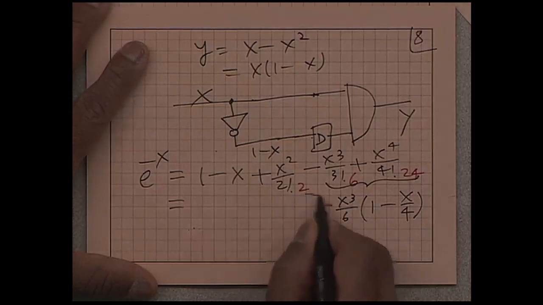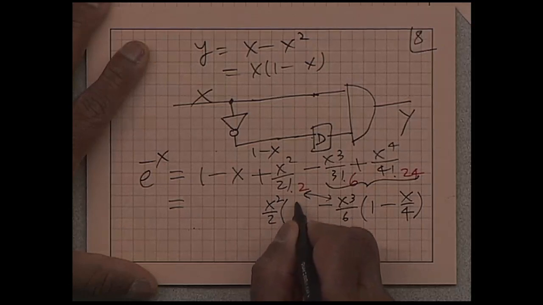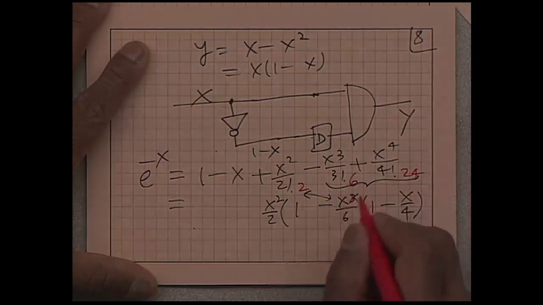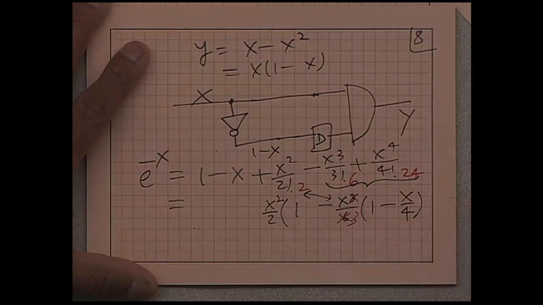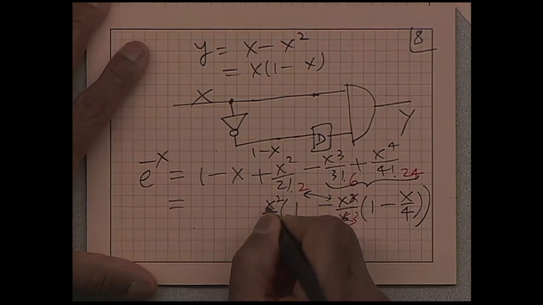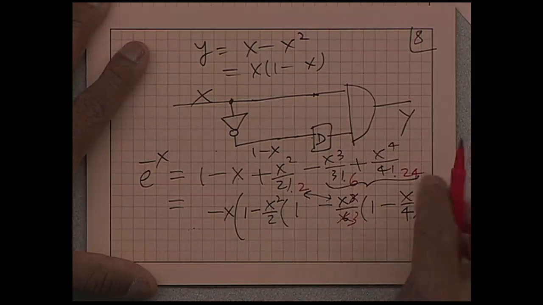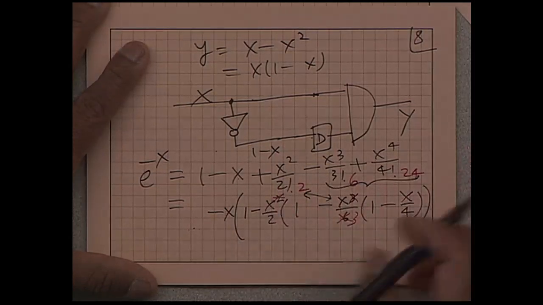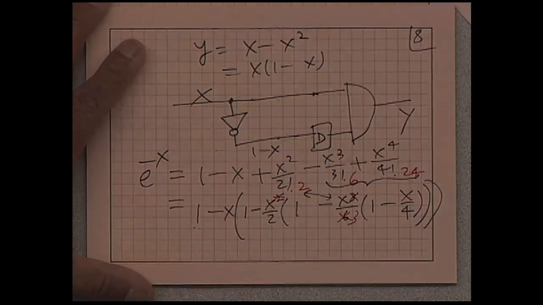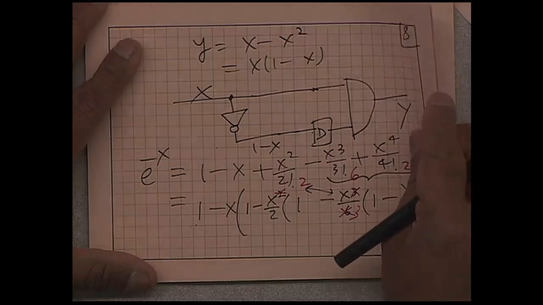And then from these two, x squared by 2 taken outside a bracket, I get 1 minus, then I get rid of that x cube, it becomes x, and get rid of this, that becomes 3. And then minus x plus x squared by 2, take minus x outside a bracket, and then 1 minus x by 2, the squared goes away, and finally 1 minus that. Okay, so that is the Horner's rule expansion of e to power minus x.